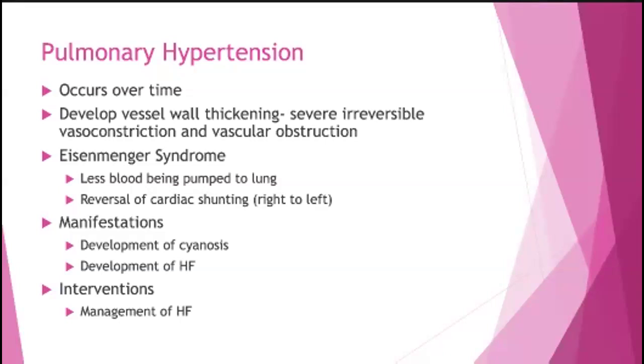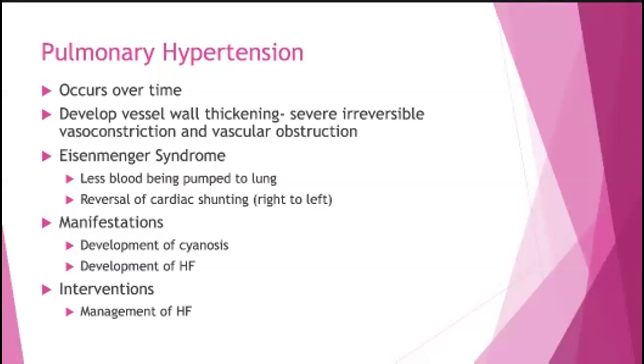So our medical therapy: we can give digitalis to support contractility, calcium channel blockers and vasodilators to reduce pulmonary pressure, diuretics to reduce fluid overload, warfarin to reduce clot risk with the polycythemia, and supplemental oxygen.